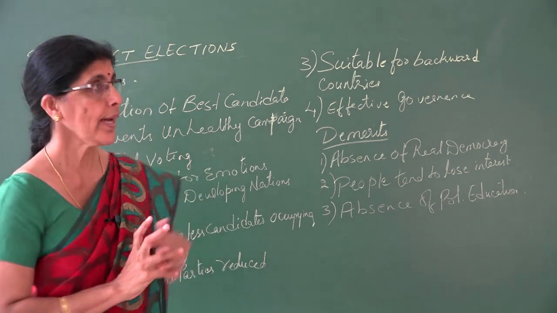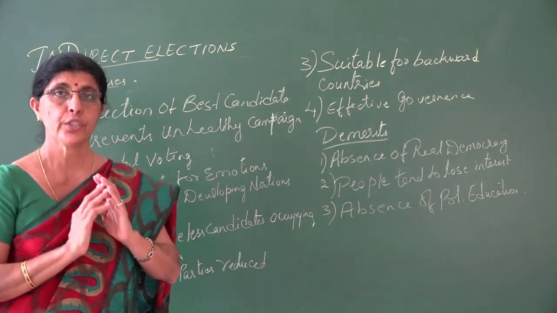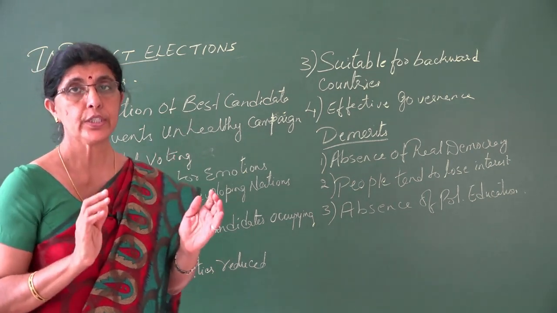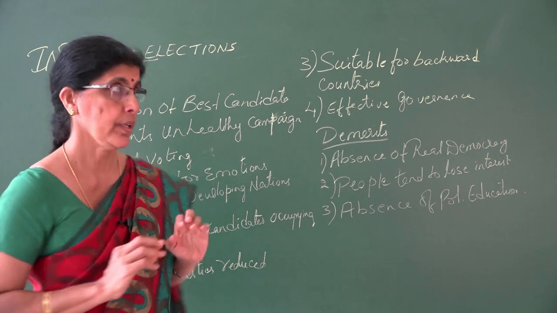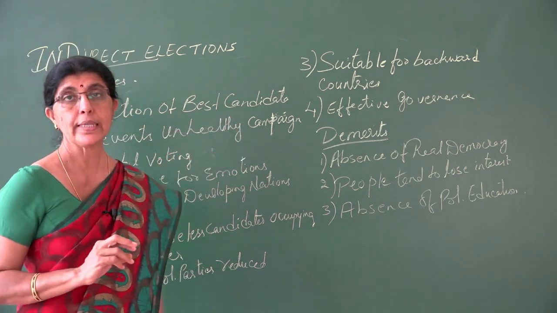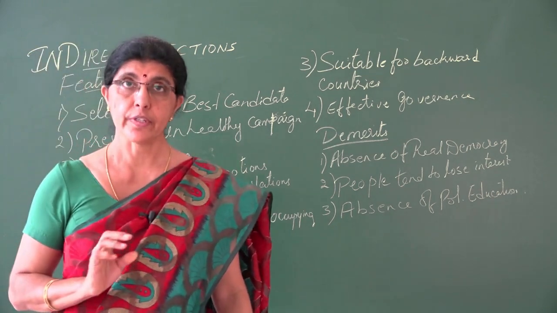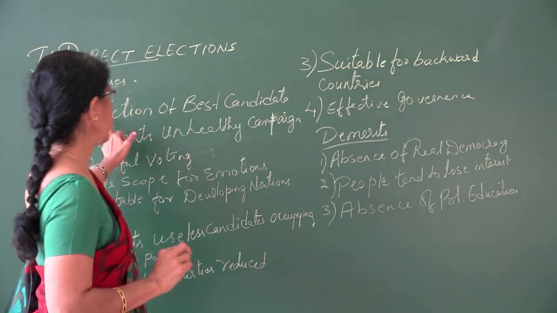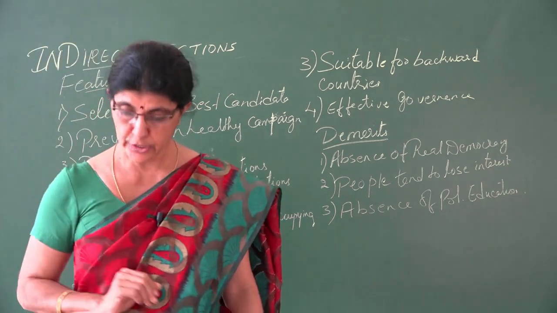Whereas in indirect elections, that is not possible because the Electoral College consists of intelligent people who are politically aware. Hence, they will always choose the best candidate as their president, as their representative. Hence, selection of the best candidate takes place under indirect elections.